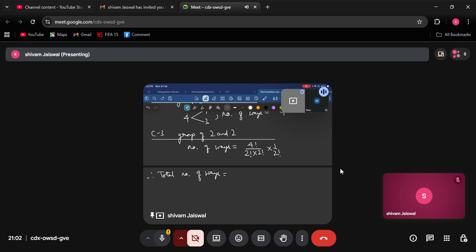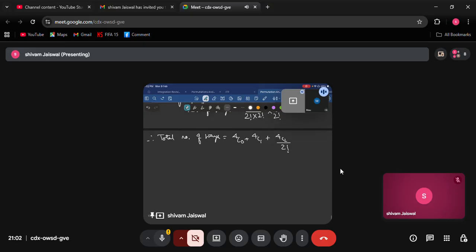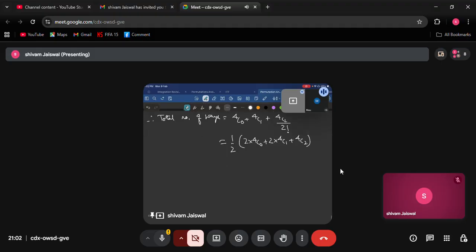Therefore, the total number of ways will be equal to 4C0 plus 4C1 plus 4C2 by 2 factorial. Now I'm going to take 1 by 2 common. Within brackets, you are getting 2 into 4C0 plus 2 into 4C1 plus 4C2. This 2 into 4C0, can I break it as 4C0 plus 4C4?